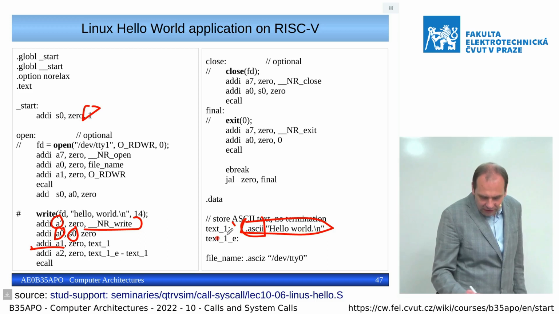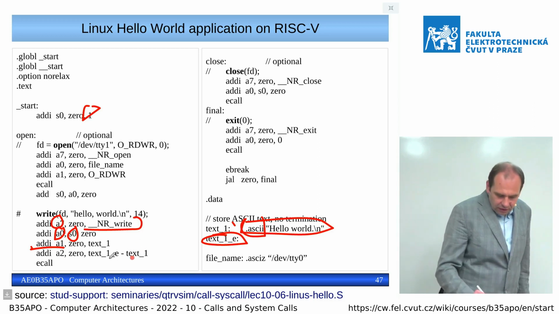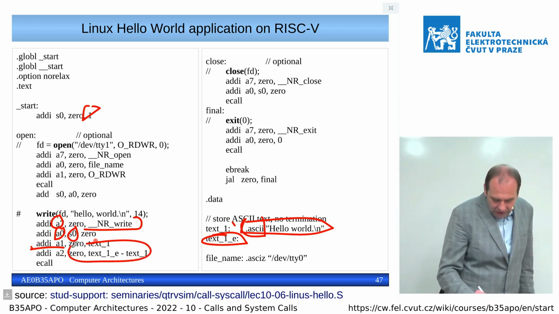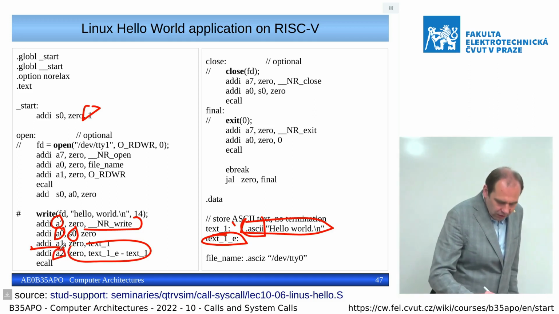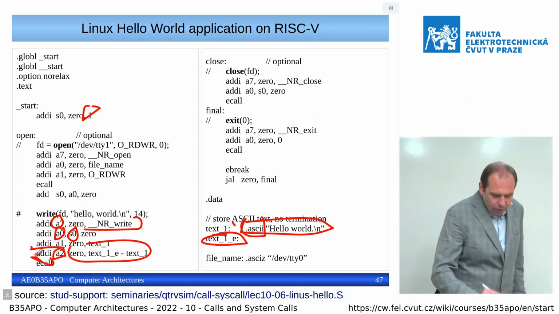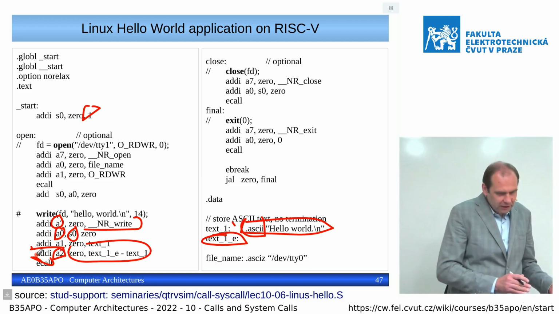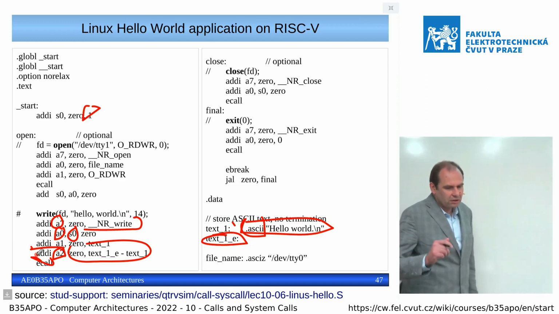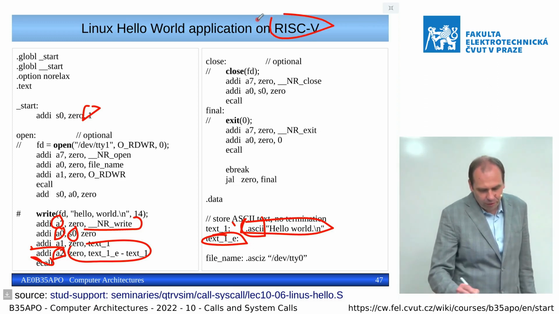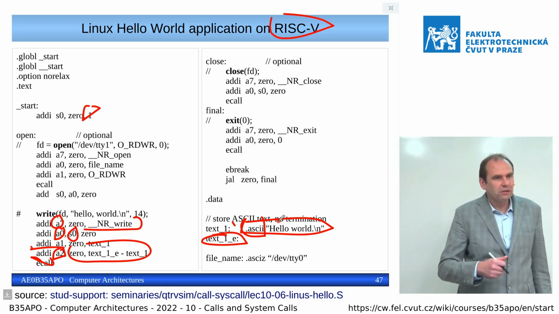So if we have the address after the end of the string and subtract those addresses, we get directly the number of bytes. We put it into the A2 and invoke ecall. And if you do this, then on our simulator, but even on a real Linux system running on the RISC-V processor, the hello world string appears on the terminal.